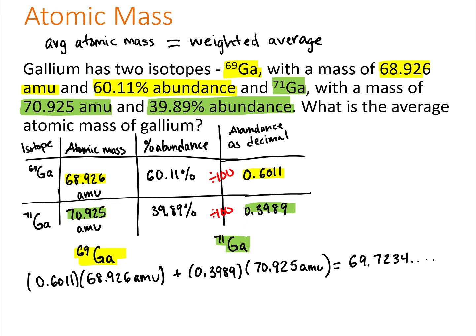We're going to look at the problem to see how many sig figs we need. So all of our percent abundances are 4 sig figs, and the masses are 5 sig figs. We're going to go with 4 sig figs here.